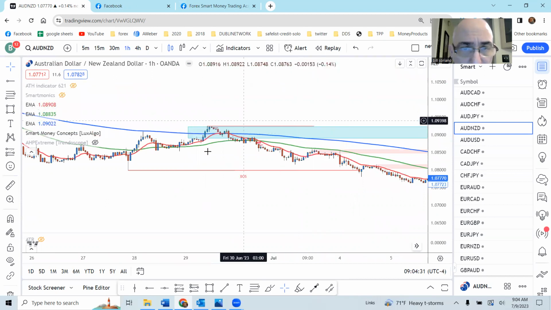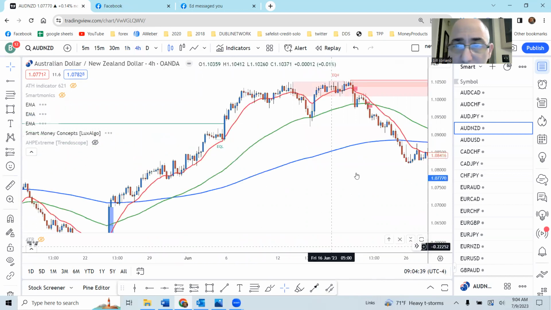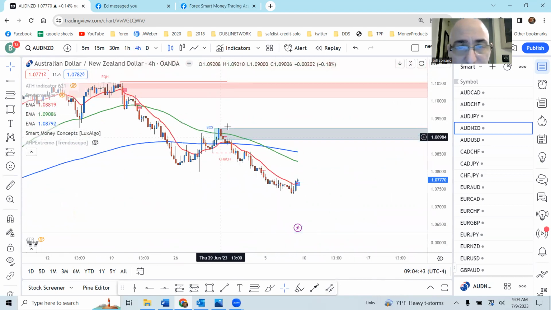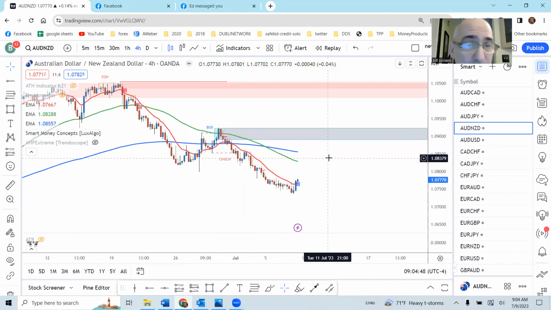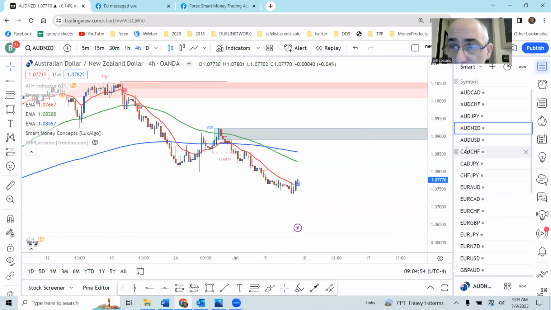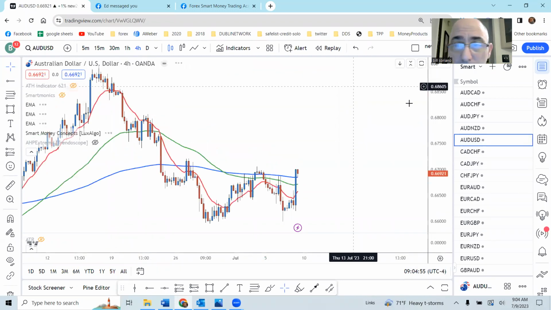So as we drop down to the 1-hour here, we see that we don't really have a better candle. So I just don't like anything with this pair here. I don't like this area right here because there's no engulfing candle and there's very little imbalance as well. And if I go up to the next ones, I see the same thing over and over again. So I'm just going to skip this pair.